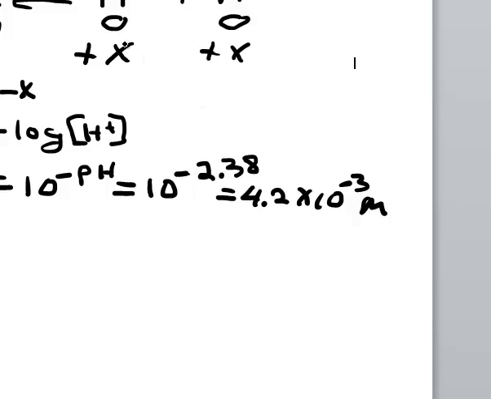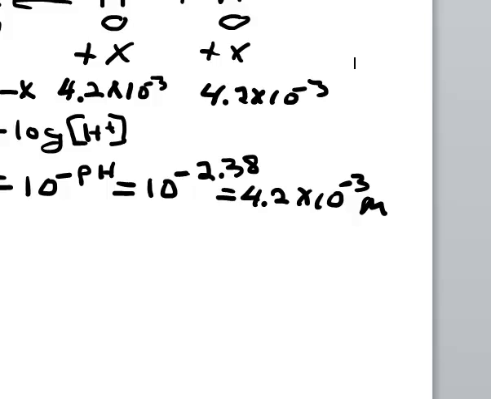So that's my concentration of hydrogen ion. And since it's 1 for 1 with the anion, it's 4.2 times 10 to the minus 3 molar for hydrogen ion. It's also 4.2 times 10 to the minus 3 molar for the anion.